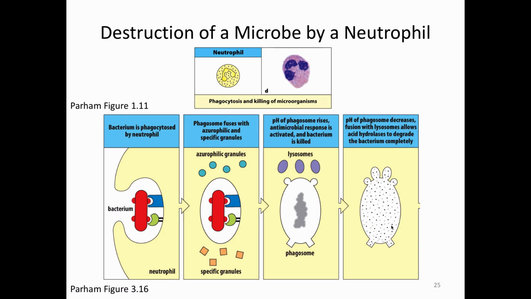You can see another view of this here. One thing that I like about this view is that you can see that our phagosome not only fuses with the lysosome that is full of toxic products, but also will fuse with the granules, which are also full of toxic products.